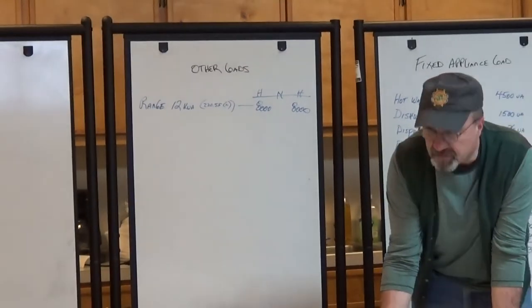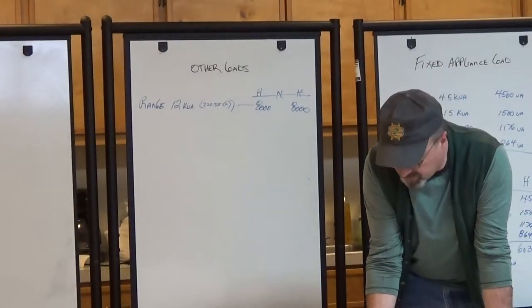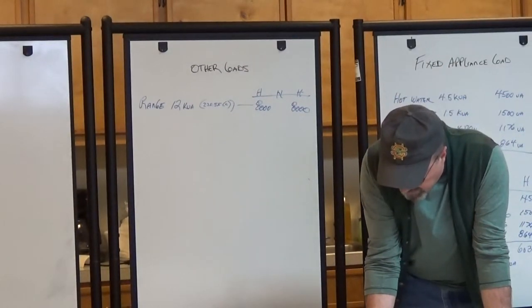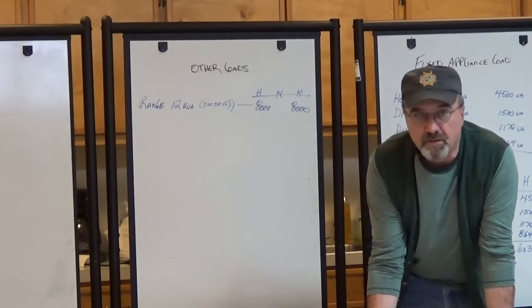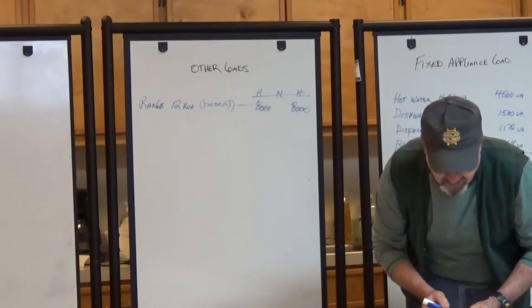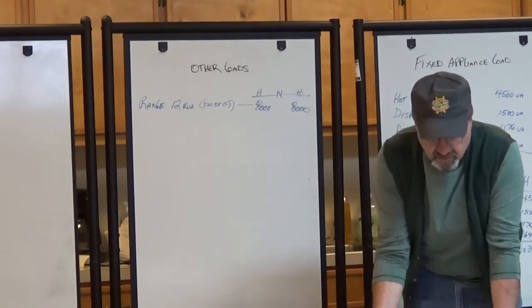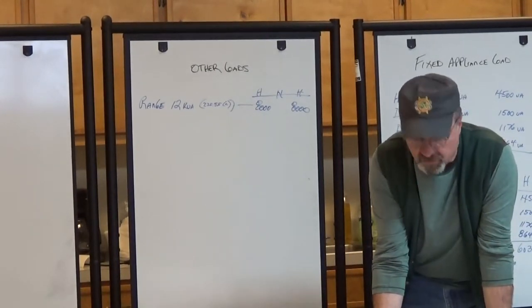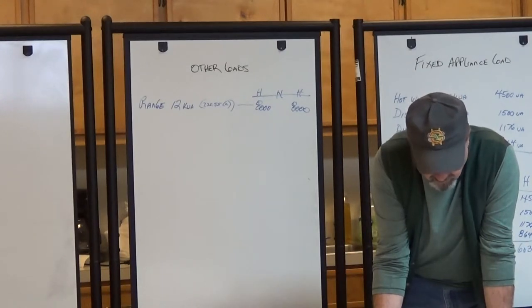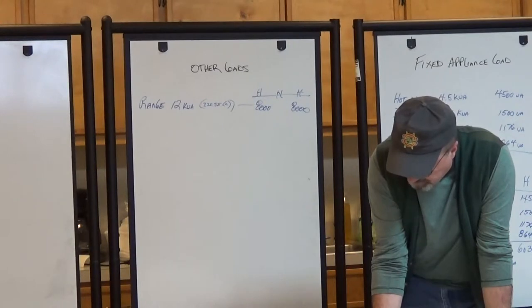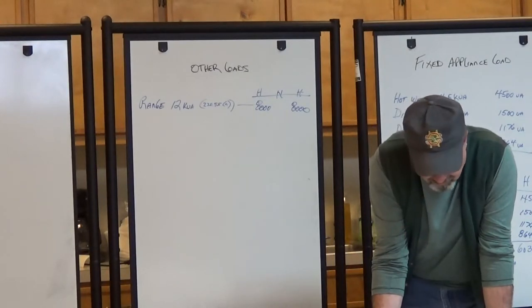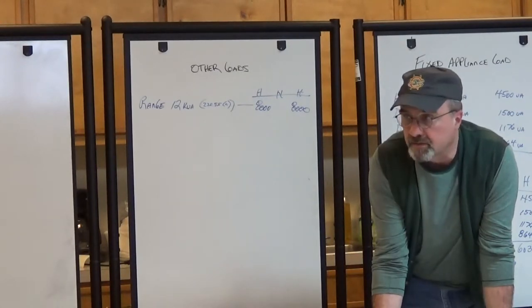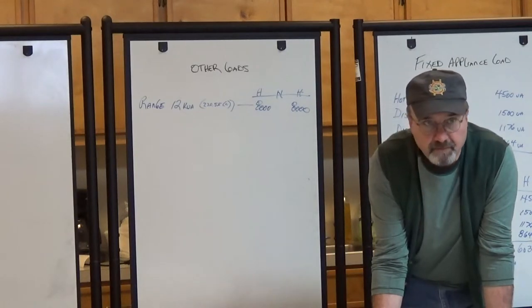So the code allows us to give a demand factor on the neutral. So if we look at Article 220.61(B), it says feeder or service neutral load. And if you look at permitted reductions, okay, everybody find that in the code book?